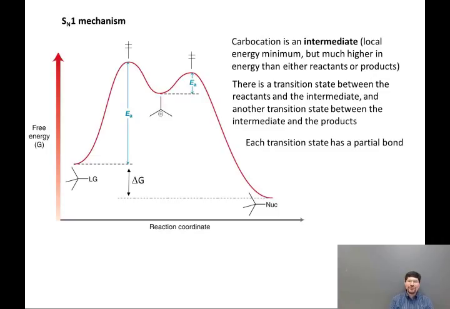Okay, so each transition state, here we don't have pictures of them like we did on the last slide, but they have a partial bond. So the first transition state has the leaving group not having completely left yet, so there's a partial bond to the leaving group. It's high in energy because you still have the steric hindrance of 4 things around carbon, but you don't have 4 strong bonds.